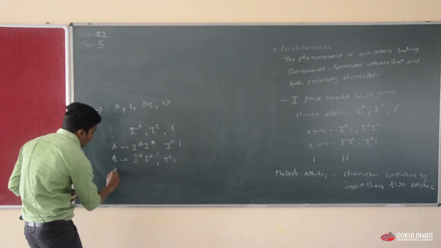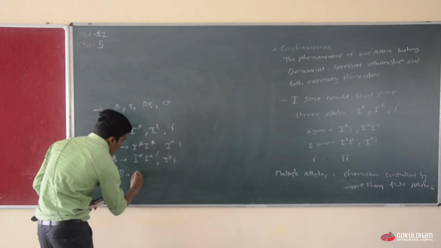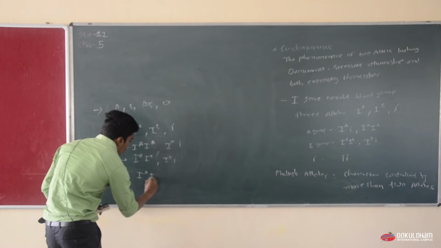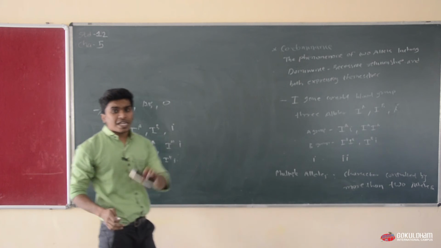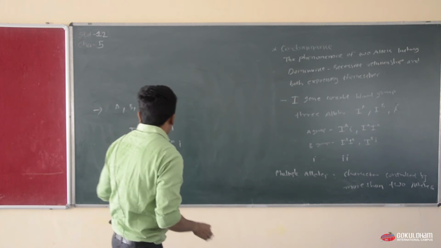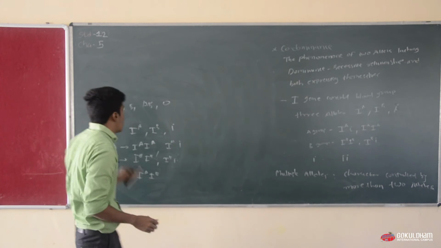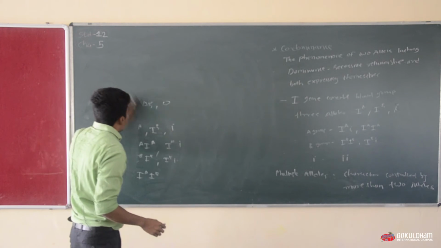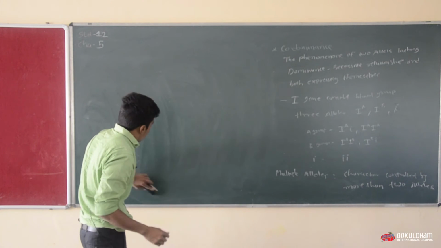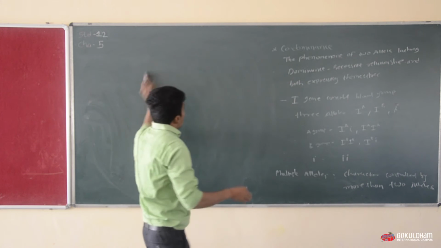When both the alleles are present, the offspring will have AB blood group, which suggests that they are expressing themselves in a hybrid condition.